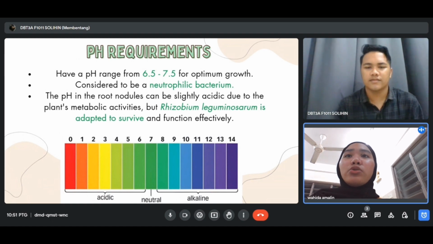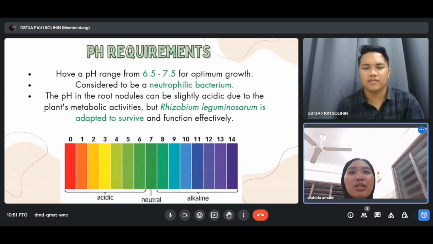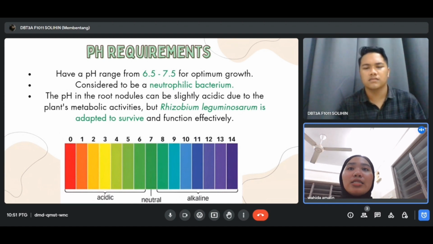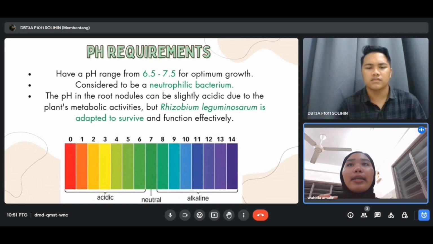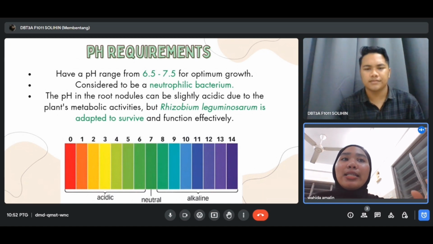The pH in the root nodules can be slightly acidic due to the plant's metabolic activity like respiration and photosynthesis, but Rhizobium leguminosarum has adapted to survive and function effectively. So this bacterium can adapt to an acidic environment.